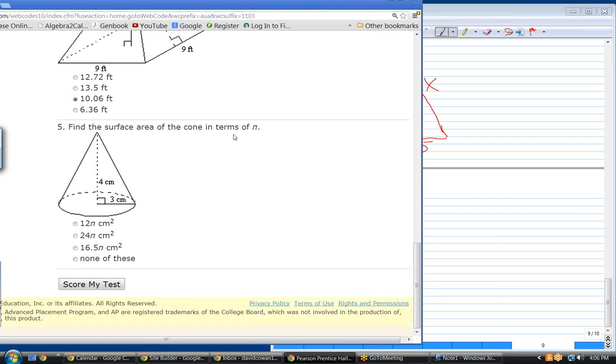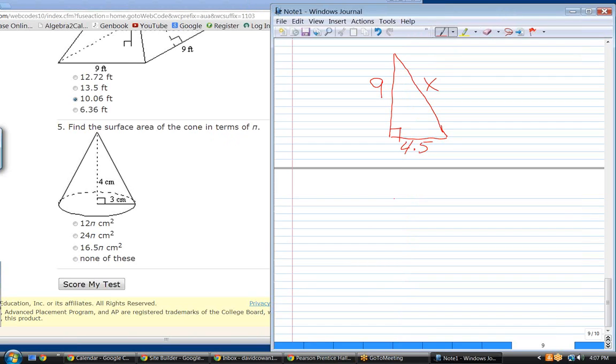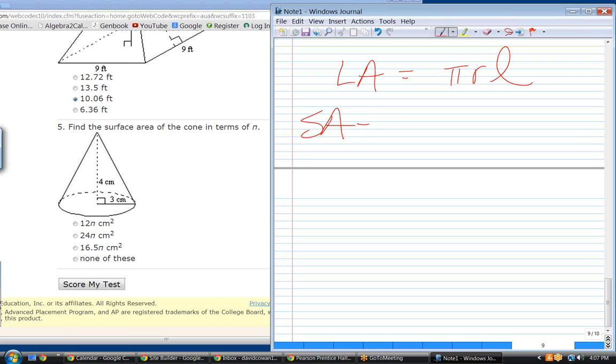Find the surface area of the cone in terms of pi. What's the lateral area of a cone equal to? It was pi r slant height. Pi r slant height. And then the surface area is the base, which is pi r squared, plus the lateral area. Right.